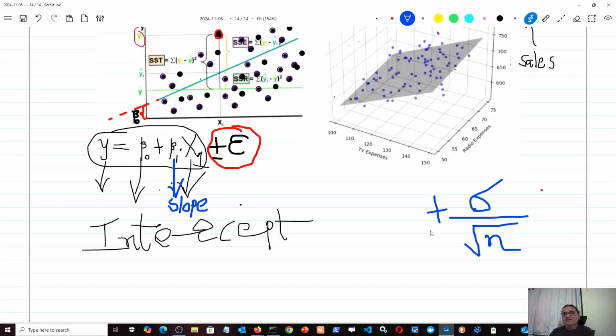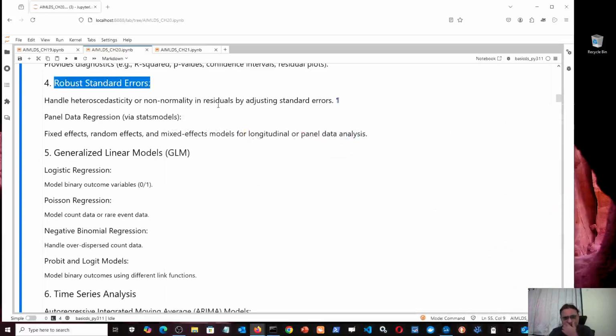We always write our results with plus or minus sigma by root n, but this assumes that the distribution is normal and that the data has a certain property which is called homoscedasticity. What is that homoscedasticity? Don't worry at present. But the question is, what to do if data is not normal or data does not have homoscedasticity, that means data has heteroscedasticity?